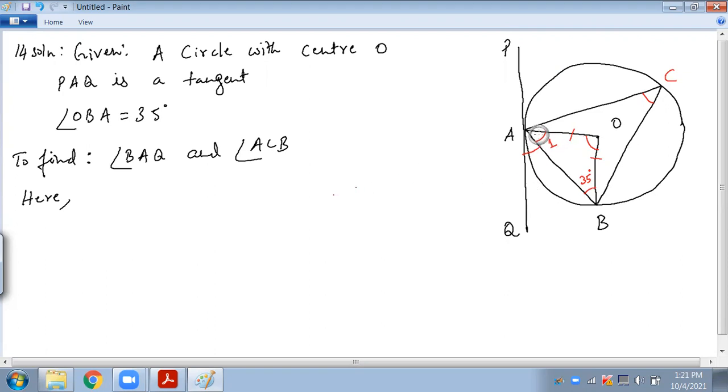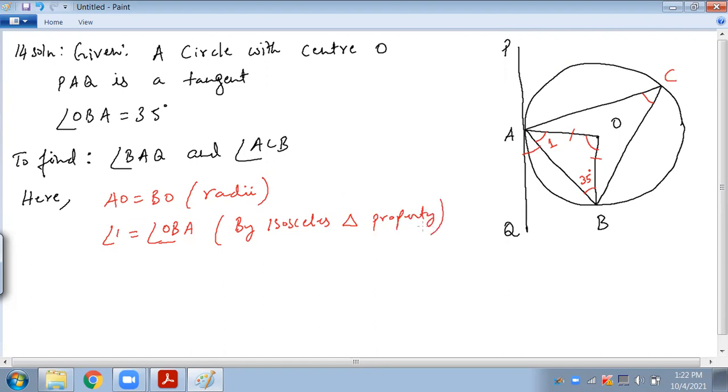Now, first of all, we know AO and BO are equal. Why? Radii of the same circle. So we can take angle 1 equal to angle OBA. Why? By isosceles triangle property. If two sides of a triangle are equal, the angles opposite to them are equal.